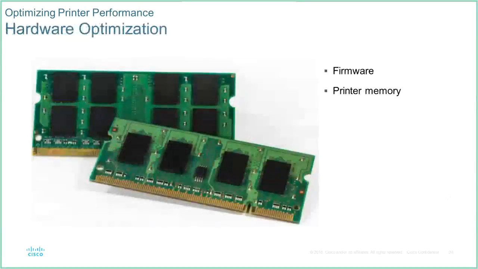Now, depending on the device, especially if it is a corporate printer, you will be able to add memory. What happens is the more RAM it has, the more storage it has, so it can clear print queues faster and store information locally.